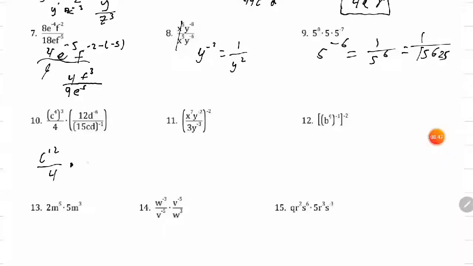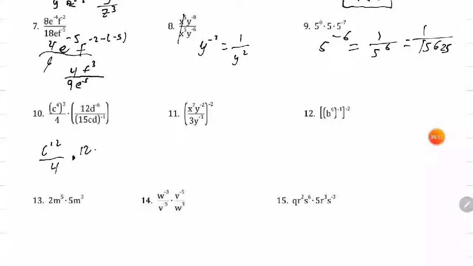Oh, wait. Parentheses first. So on the denominator there, you can see me circling that. 15cd is to the negative first exponent. So what happens is, that's just going to be flipped over to the numerator and then to the first power.